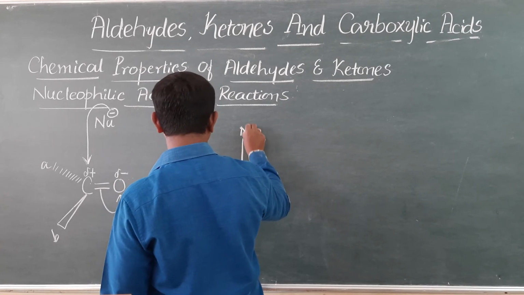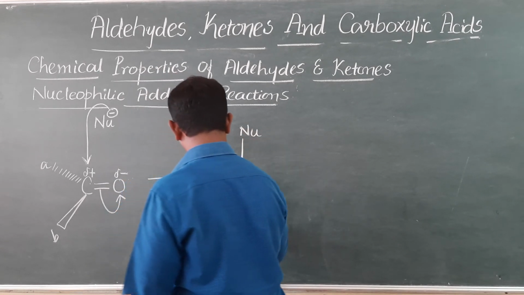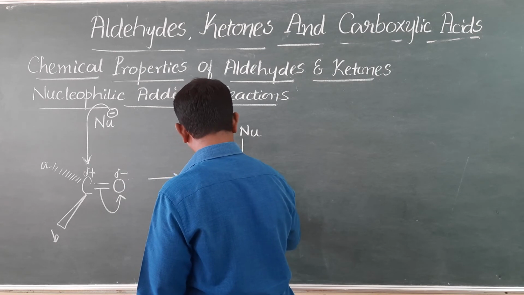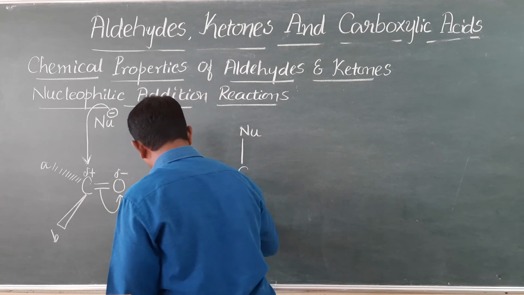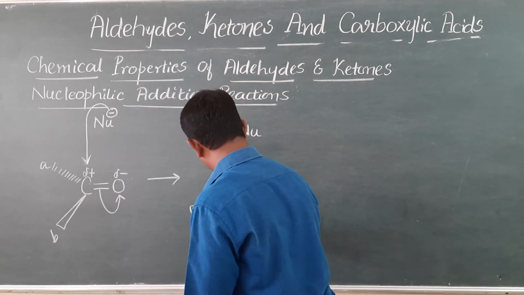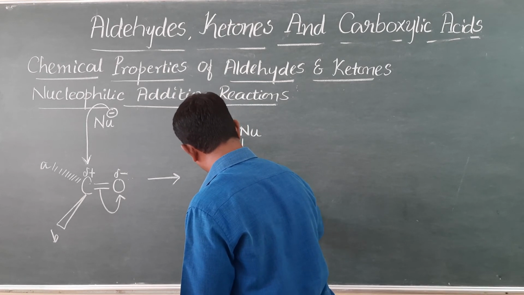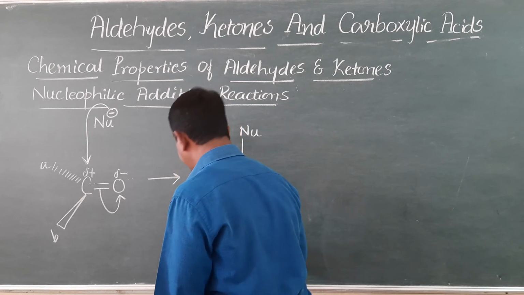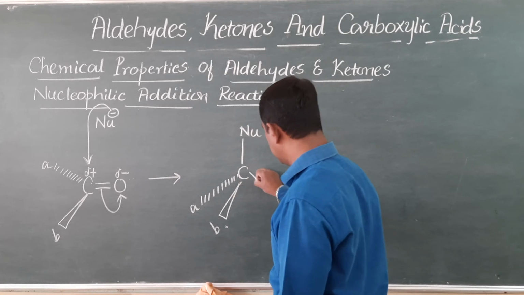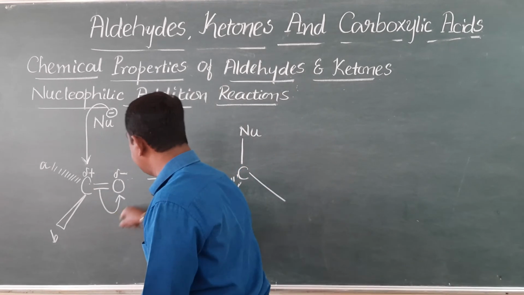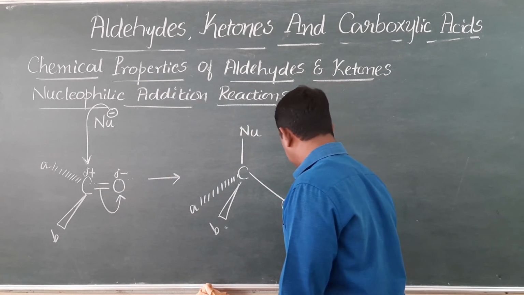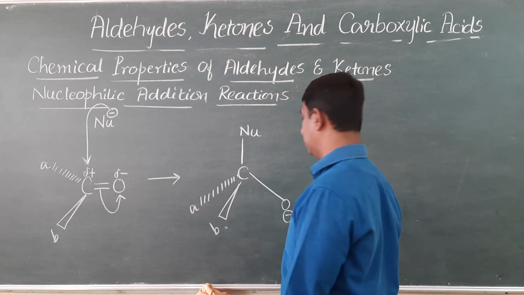Here I have the nucleophile Nu, this is A, this group is B. Because of the transfer of electrons, O becomes O minus.